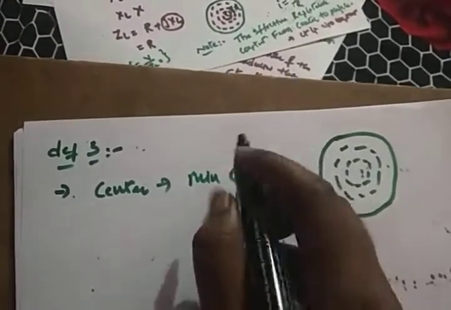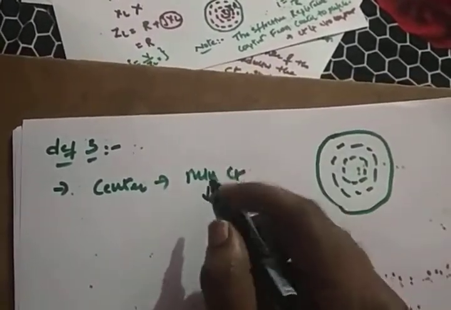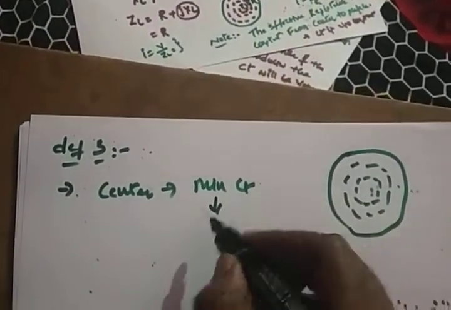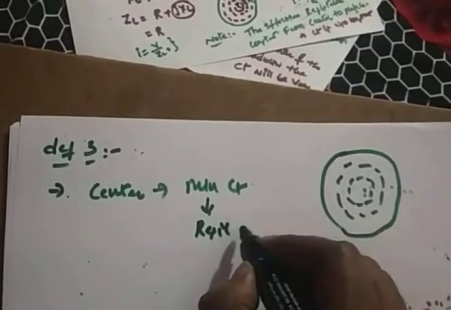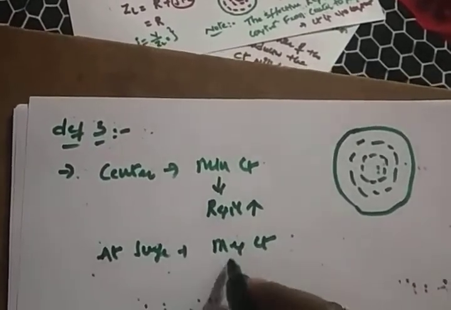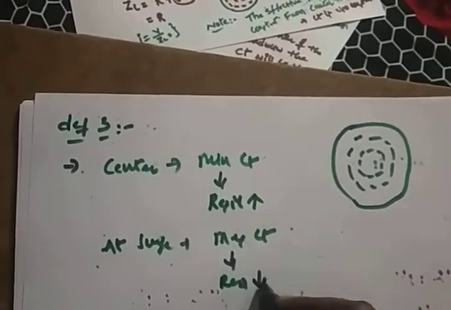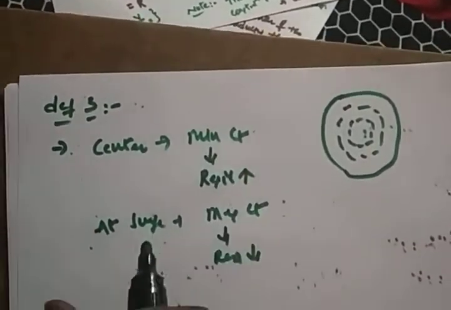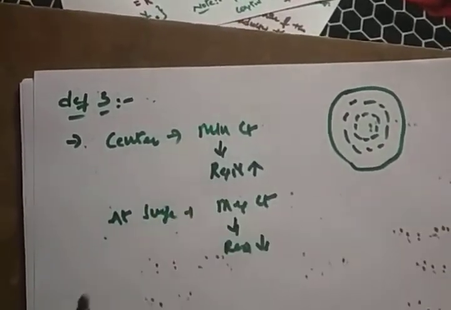So current is minimum means the resistance value will increase, right? At the surface the current is maximum. So if the current is maximum, the resistance value will reduce. So the definition is the effective resistance will be reducing from the center to the surface. So this is one more definition, right?